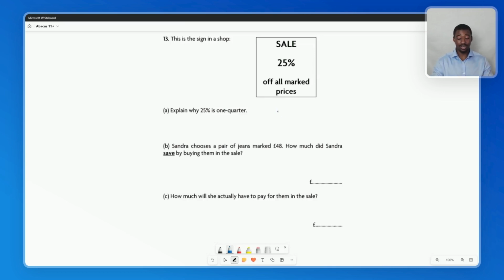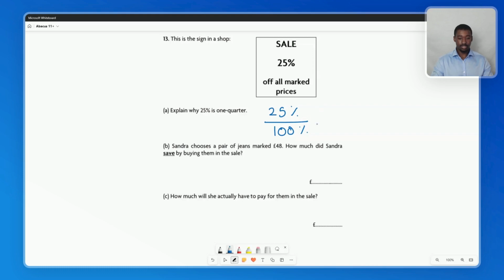And the reason is because we understand that in percentage world, the whole is 100%. So this 25% is simply 25% of 100%, or 25% over 100%.